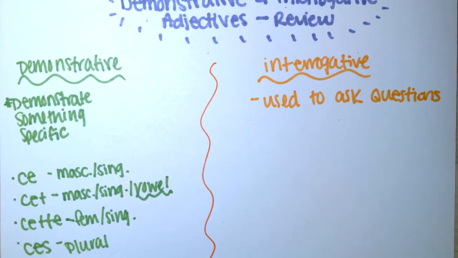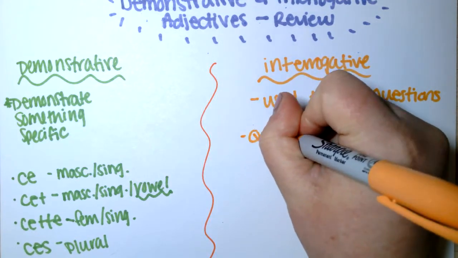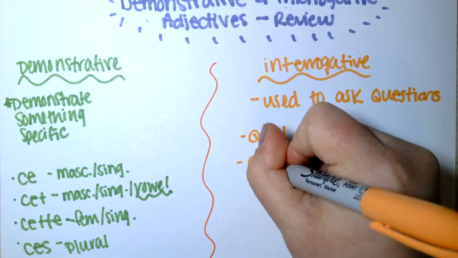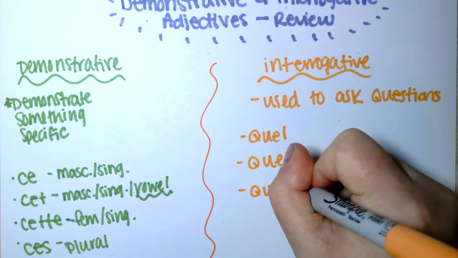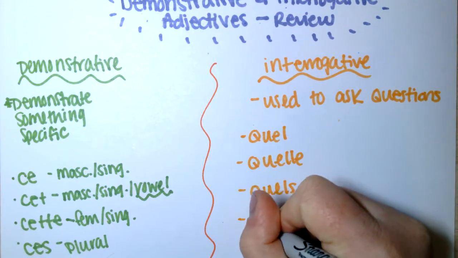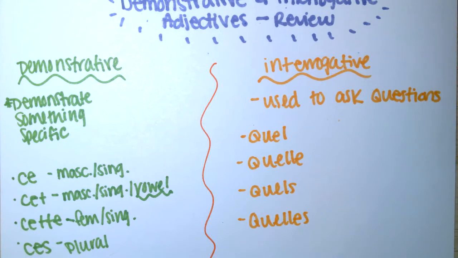So in French, the interrogative adjectives, we have quel, quelle, quels, and quelles. So they're all pronounced the same, but they have just a little bit of different spelling.